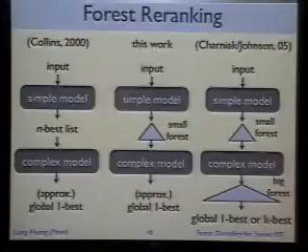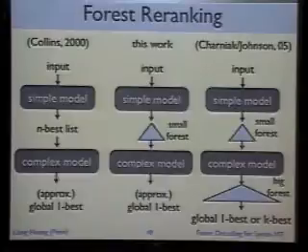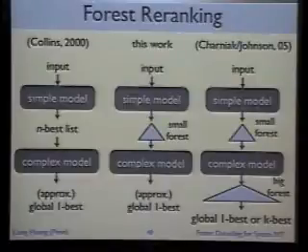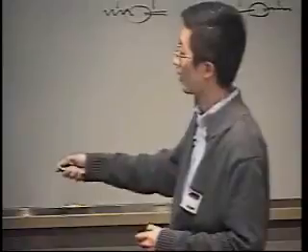So first of all, it's not producing this big forest in the first place, and it's not like this, which is only re-ranking an n-best list. So it's roughly, as I said, on-the-fly re-ranking, and probably can be called forest re-ranking using the cube and lazy cube k-best methods, and the goal is to approximate the one-best out of this complicated model.